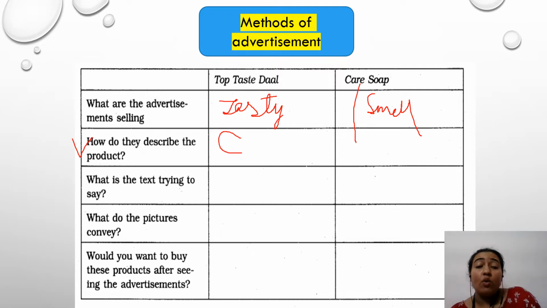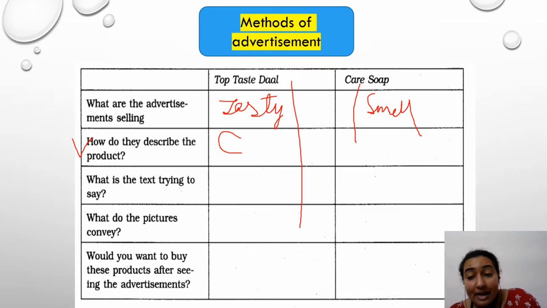Similarly, what do the pictures convey? If the advertisement on that media is showing you dal, they will show a good bowl, dal in it, coriander leaves, then rice, curd, and pickles around it, very nicely decorated. In this way they will advertise dal.